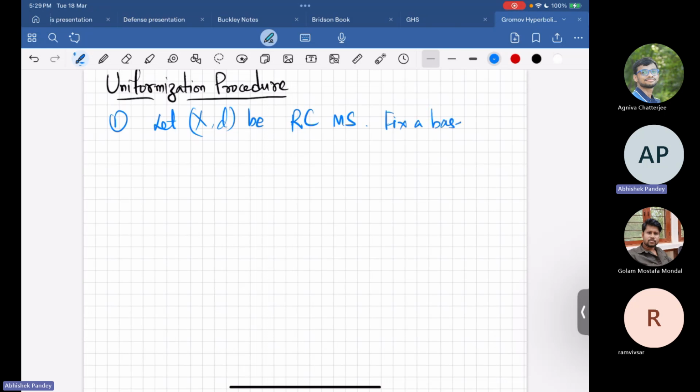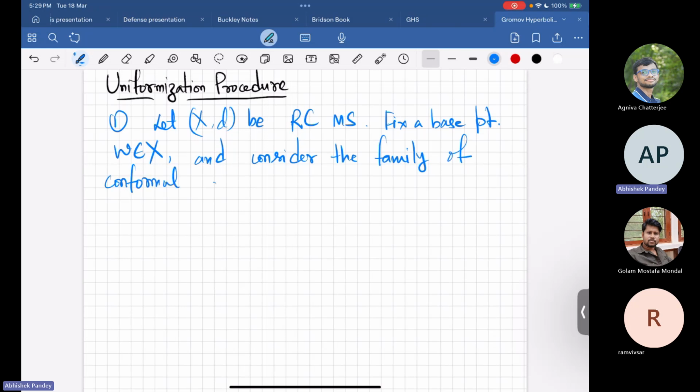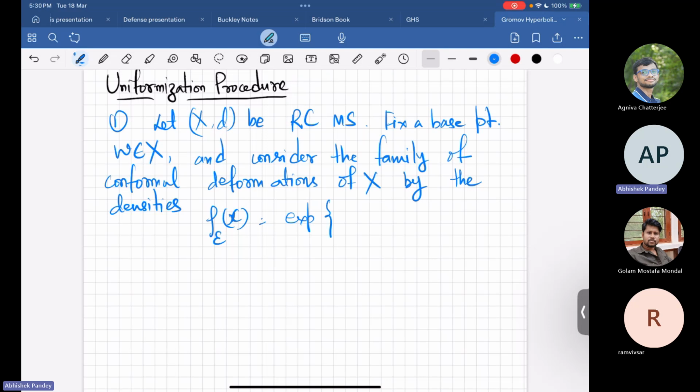Fix a base point w belonging to X and consider the family of conformal deformations of X by the densities rho_epsilon(x) equals exponential of minus epsilon times d(x, w).